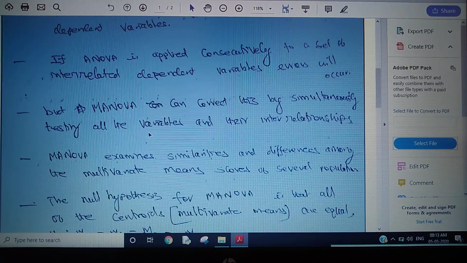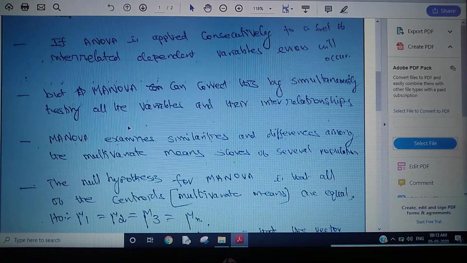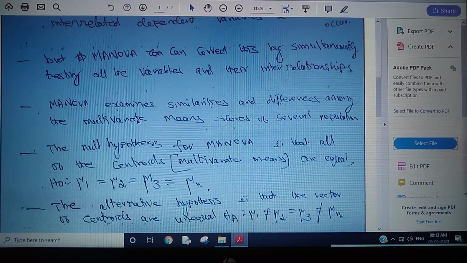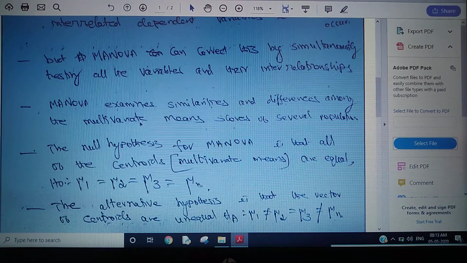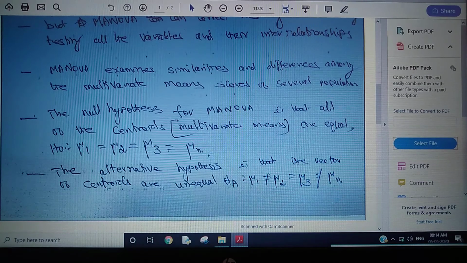So MANOVA is meant for testing more than one dependent variable, or even two dependent variables, simultaneously.